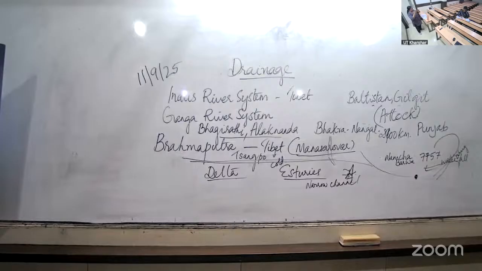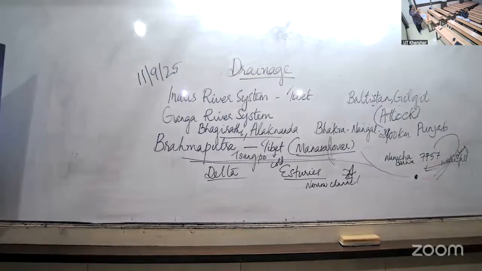But how this drainage basin is different, you have to understand. Its tributaries are passing through that. Understood? That is how its drainage basin is going there. So is there a difference between drainage basin and basin? The drainage basin is the area drained by the river.